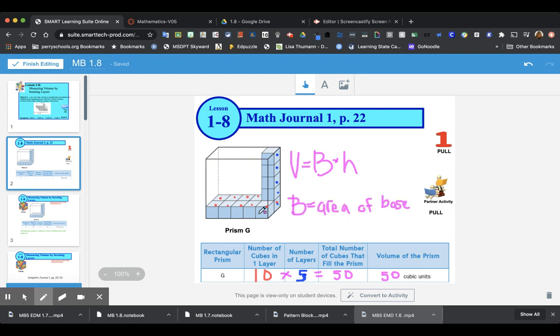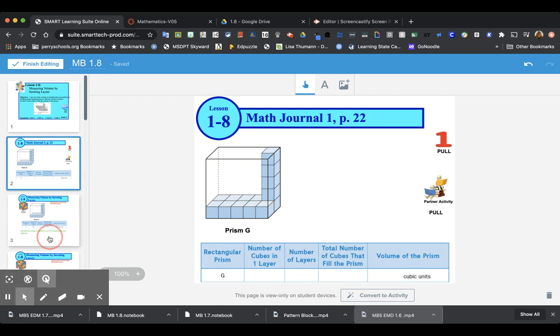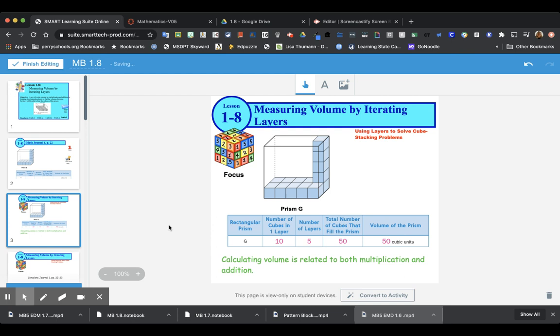So we did the length times the width to get 10, 5 times 2 is 10, and then that capital B times the number of layers. Again, this is just checking our work. Calculating volume is related to both multiplication and addition, because we could have taken 10 and added it 5 times: 10, 20, 30, 40, 50.